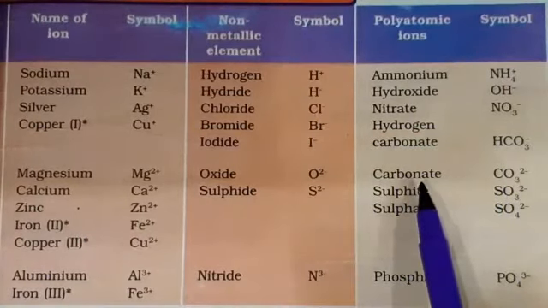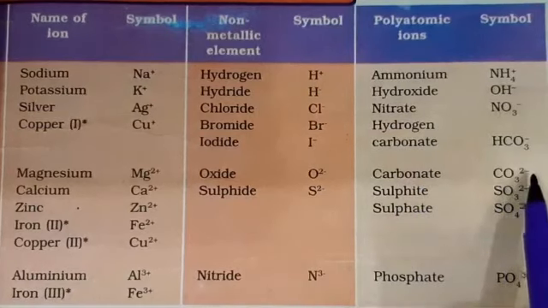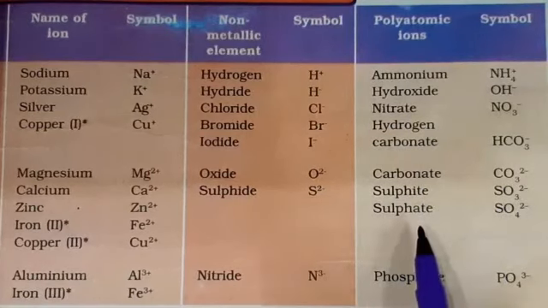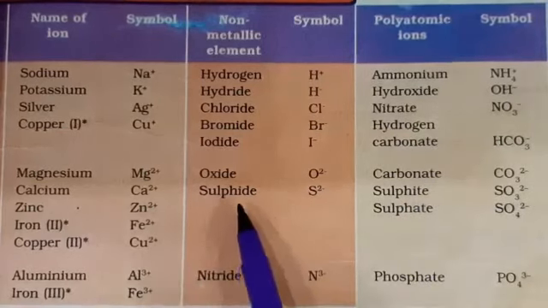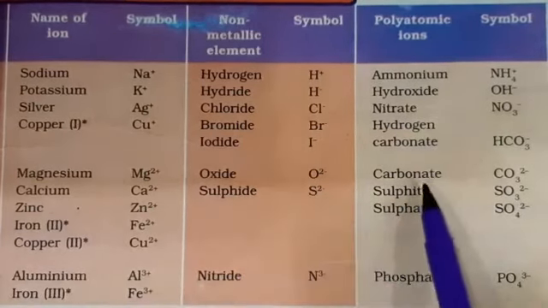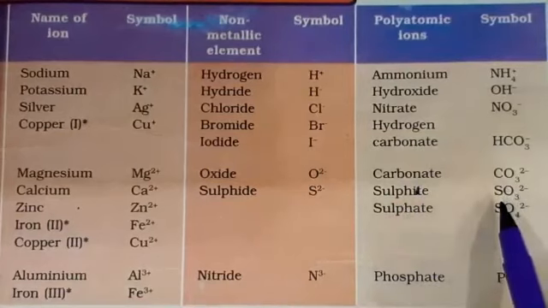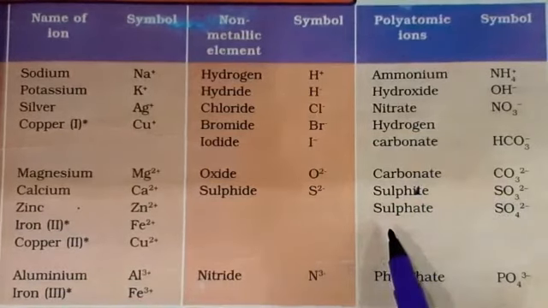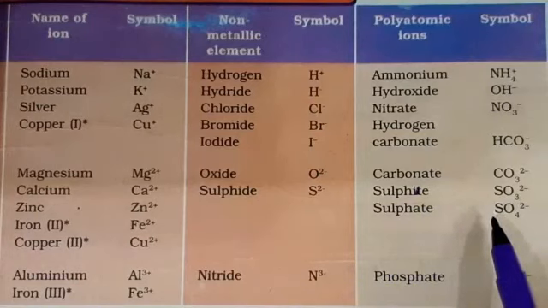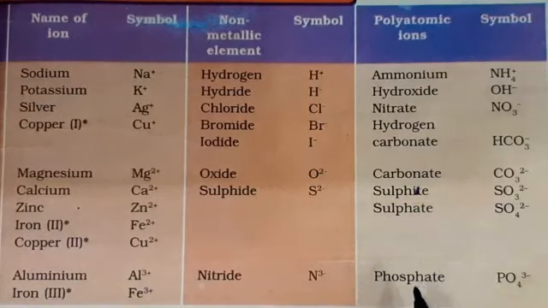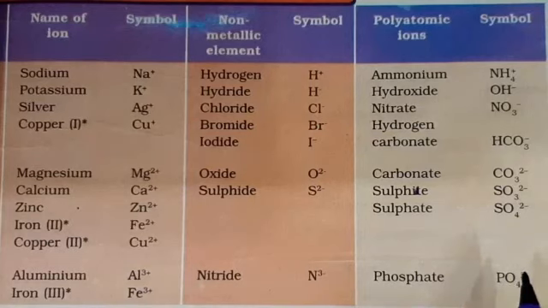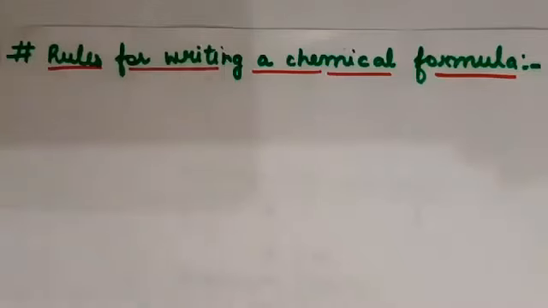Carbonate is CO3 di negative. Sulfite and sulfate are different. See students, this is sulfide 2 negative, sulfite is SO3 di negative, sulfate is SO4 di negative. And last is phosphate, PO4 tri negative. So you will have to learn this table. Through that table, the valencies of some common ions can be learnt easily.